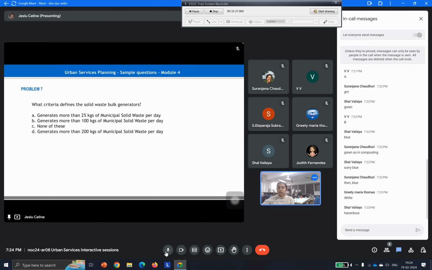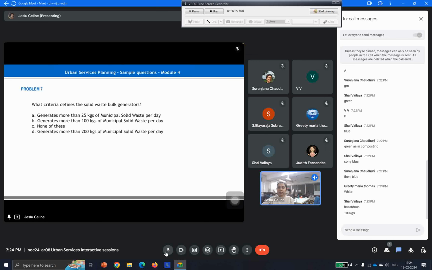C, none of these. And D, generates more than 200 kgs of municipal solid waste per day. It's just a matter of the measure that's taken. What is the standard upper limit which can be generated? Somebody says it's 100. Okay, so that's the correct answer.